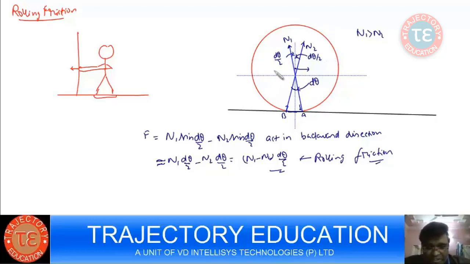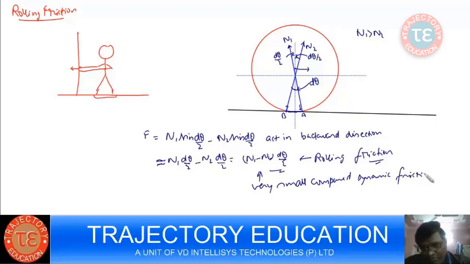So this rolling friction is responsible for finally bringing the rigid body, the cylinder or the disc or the sphere, to rest. But this force is very small compared to the other kind of friction like dynamic friction, and it depends on the deformation.